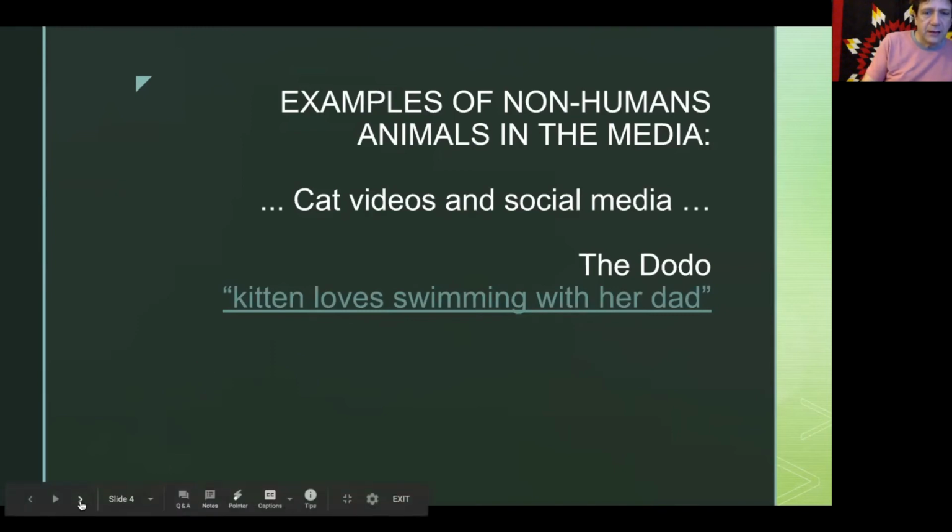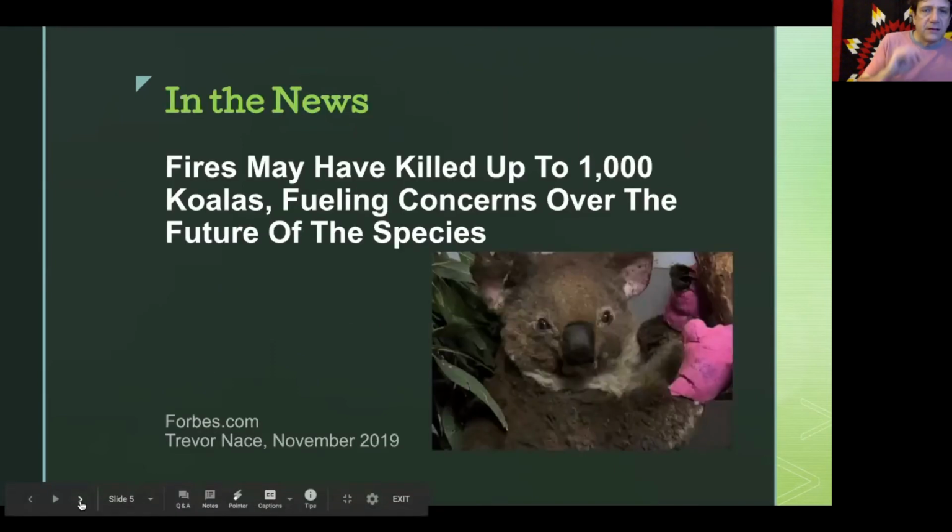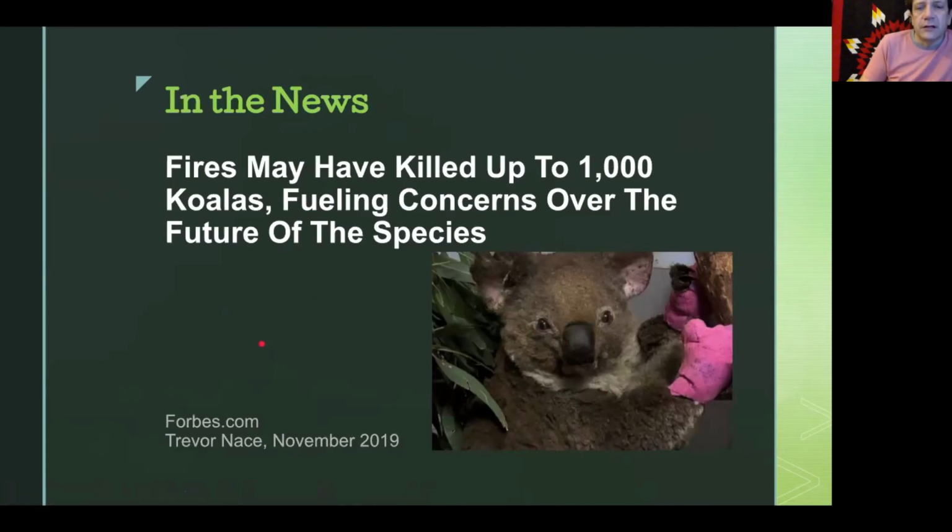We may think about news stories that involve non-human animals. Last year in the fall, we learned about the wildfires in Australia that were doing damage and killing and injuring the koala bears. And this became a big story, right?